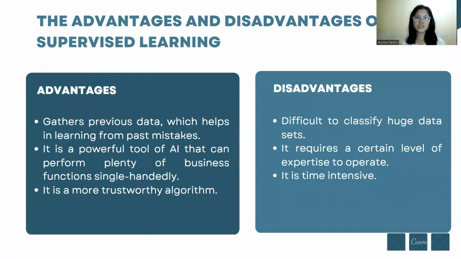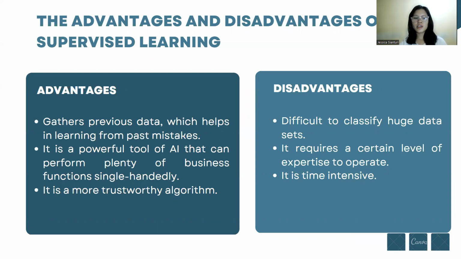Okay, so what are the advantages and disadvantages of supervised learning? Now we talk about advantages. Number one, it gathers previous data, which helps in learning from past mistakes. Number two, it is a powerful tool of AI that can perform plenty of business functions single-handedly.